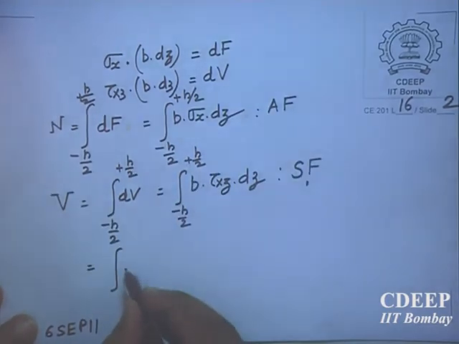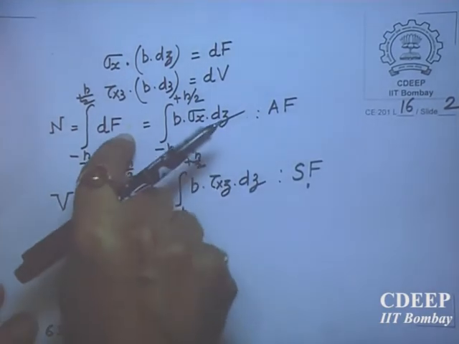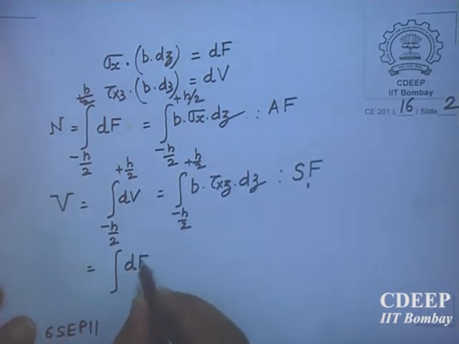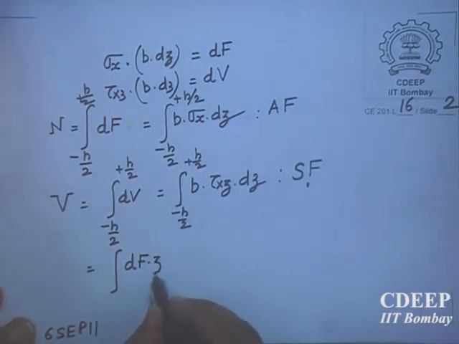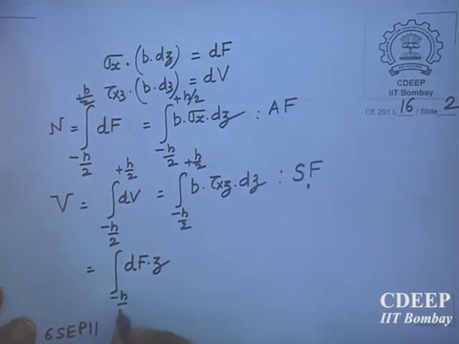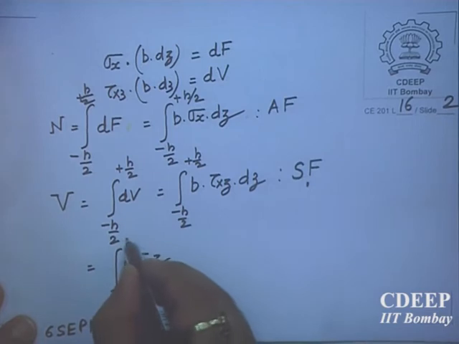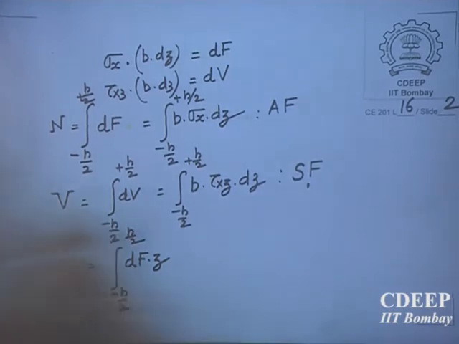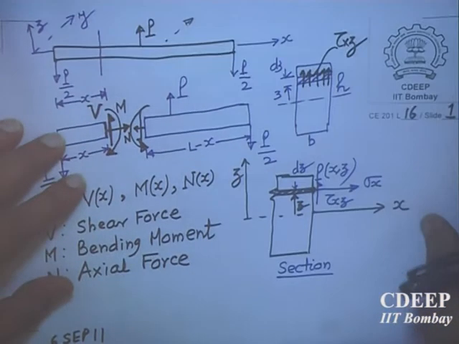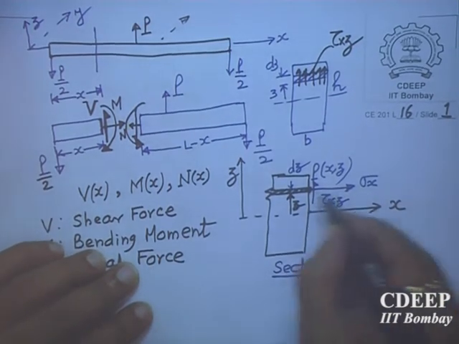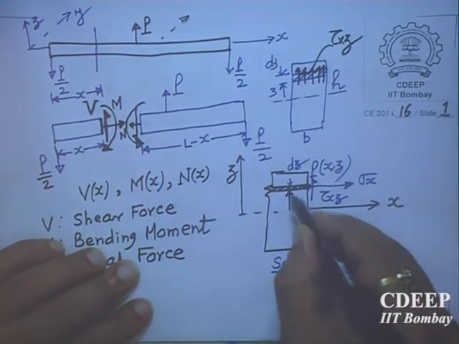Then the third one I would like to integrate is dF multiplied by z, because dF I have already integrated. Just see, what is this quantity? dF multiplied by z. Sigma x multiplied by area is a small dF at a distance z.